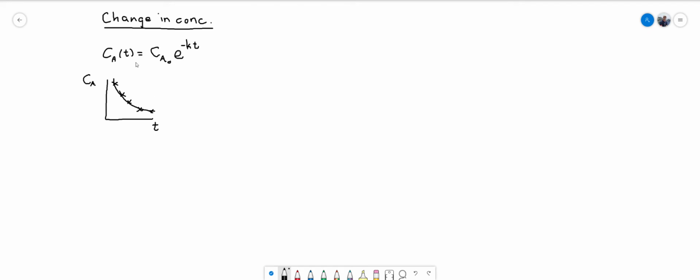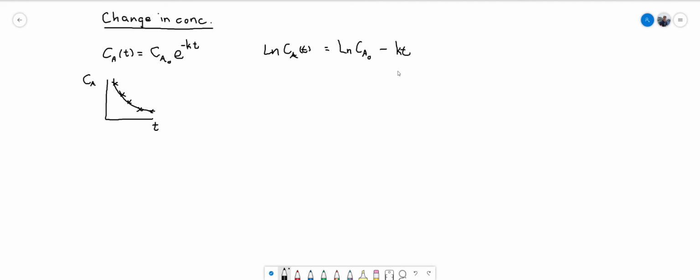And so I want to model this equation and turn it into a linear form, so I need to do a linear transformation. And I can do that by taking the natural log of both sides of this equation, so that I end up getting ln of the concentration of A at time t is equal to ln of my original concentration minus kt.